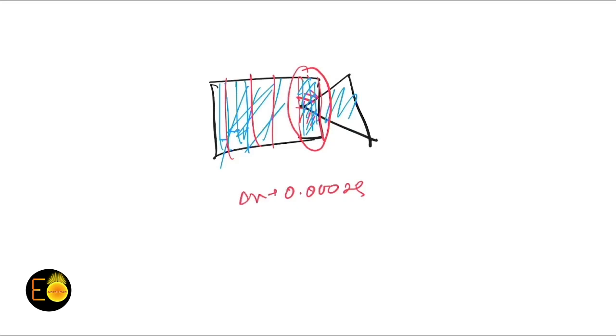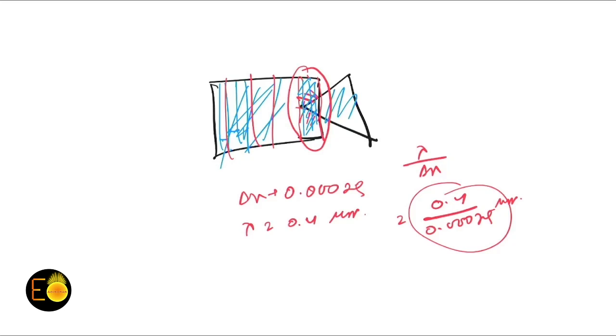Relating this to my earlier slides, the wavelength is 0.4 micrometer. So if I divide this lambda by this delta x, 0.4 by 0.00025 micrometer, I can calculate how many grid points are within one wavelength, and that must be an integer. What I will get is 1600. This is the number of grid points that I will have within one wavelength.